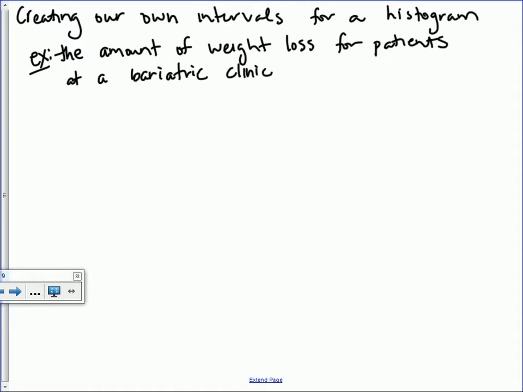Of course, bariatric meaning sort of dealing with your weight. So let's say we have 72 clients. So yes, all in all, I'm going to list 72 data points.